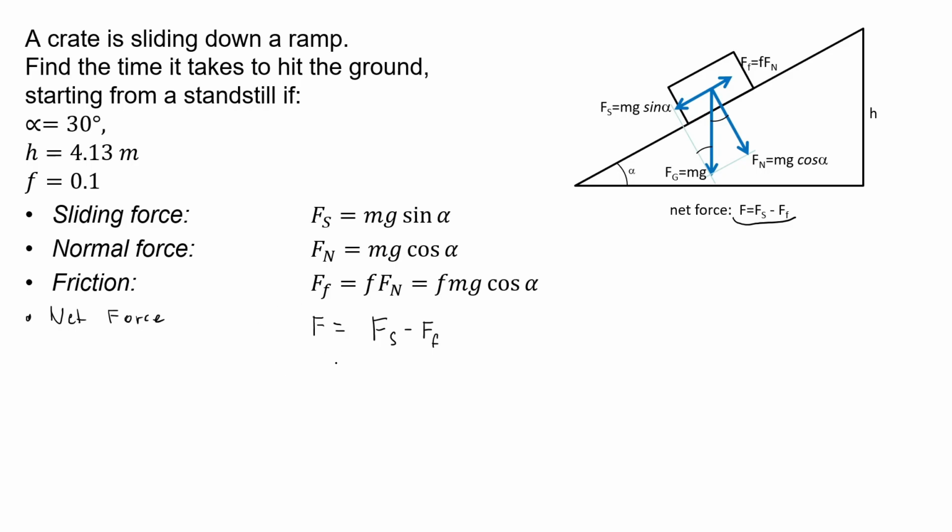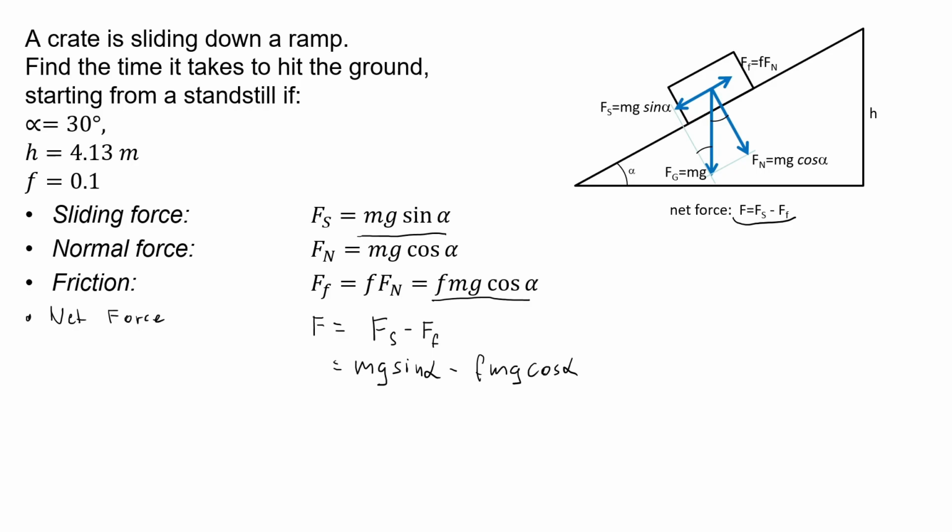So let's solve it further. The sliding force is here, and it is mg sine alpha. The friction force is here, so it's minus f mg cosine alpha. And this is quite a universal formula which will appear in most questions involving an inclined plane.